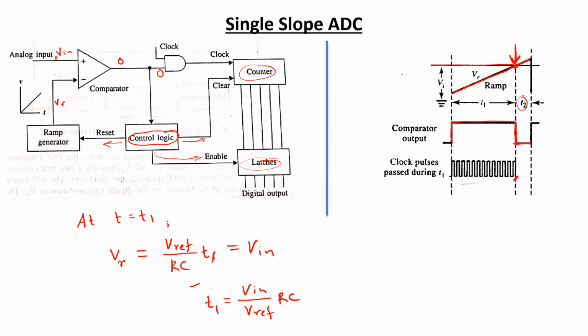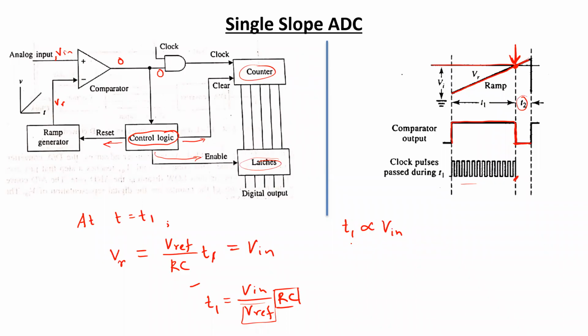So for a particular arrangement, the values of resistor, capacitor, and the reference voltage are supposed to be constant. If these three values are constant, then T1 will be directly proportional to the input voltage.